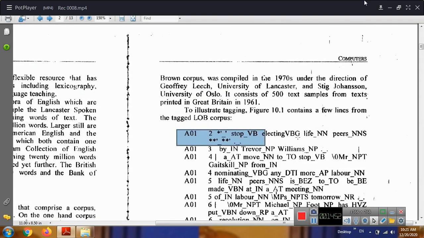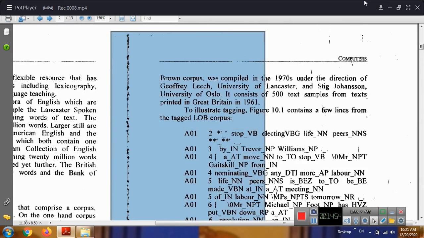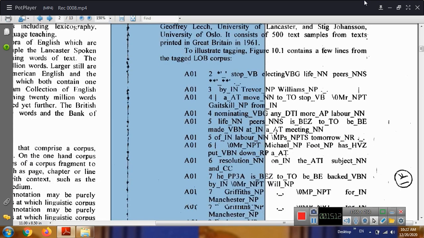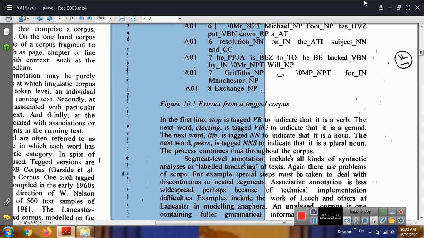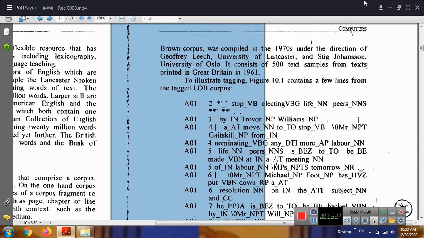You should know these abbreviated forms and codes. After electing, we see VBG, which stands for gerund. The next word, live, is tagged NN to indicate that it is a noun. The next word, peers, is tagged NNS to indicate that it is a plural noun.